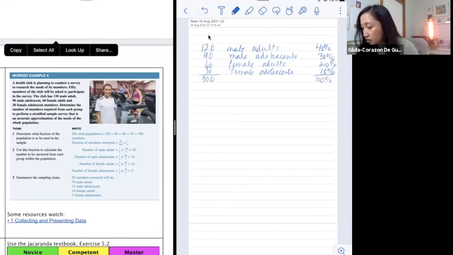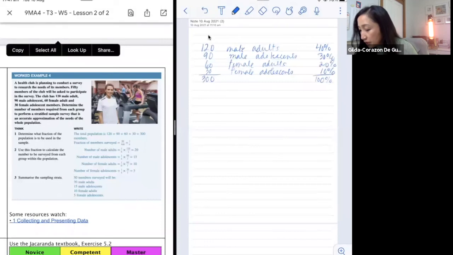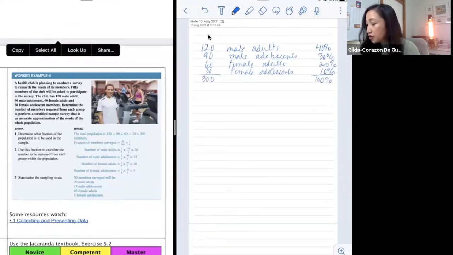Okay, so what else do we need to do? To research the needs of members, 50 members of the club will be asked to participate. So if you need 50, you want 40% of 50. What would that be? Go 50 times 0.4.